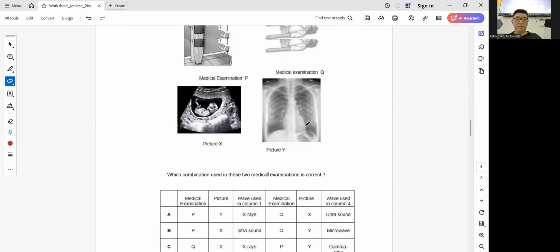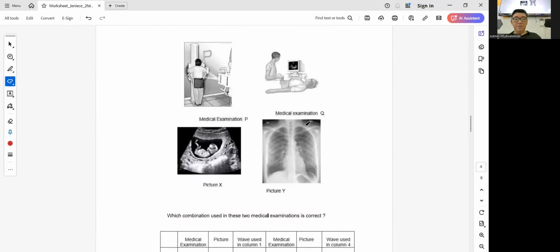Okay, let's take a look at this. The first one is the X-ray. The thing about X-ray is that the emitter is here and the receiver is there. But the thing about this is ultrasound scanning.